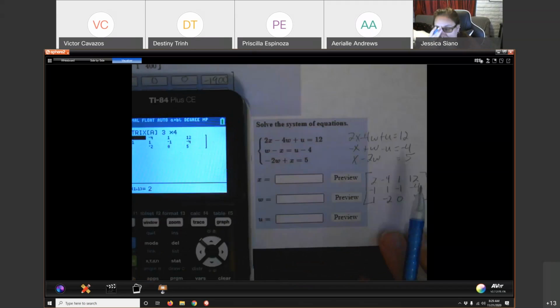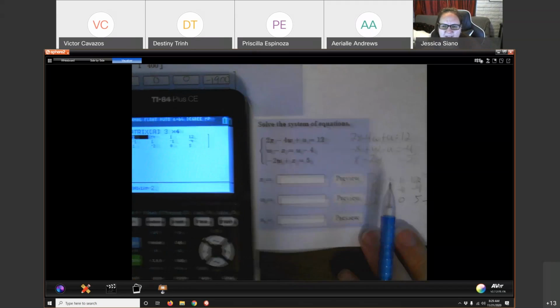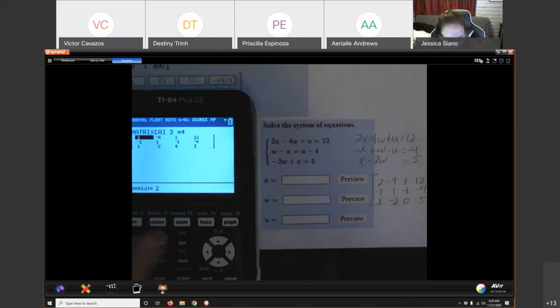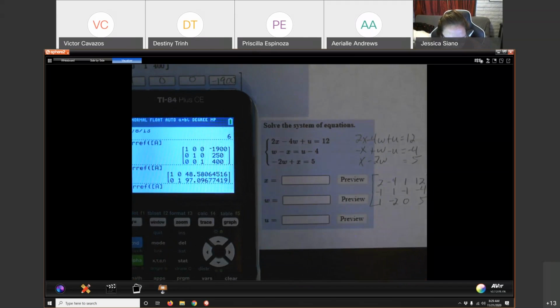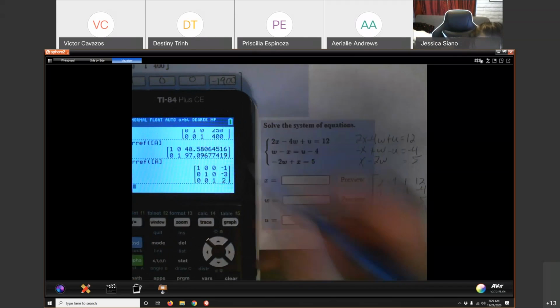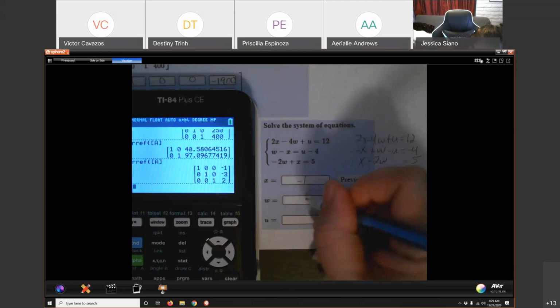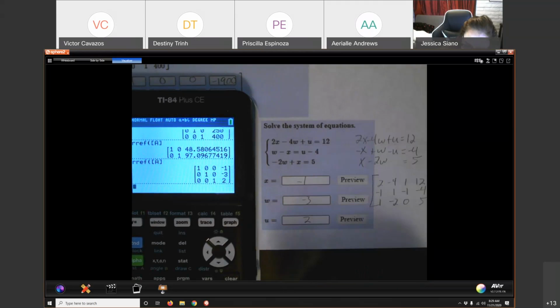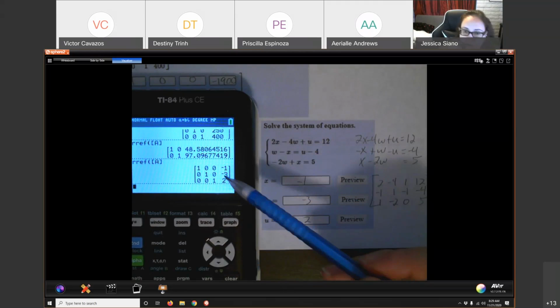Okay, we're going to go back to the last one in a second. I did not notice that the last one was not in standard form. Now that I have it saved, I'm going to do second enter. So then this row, -1, -3, 2. Because I went XWU, this is XWU.